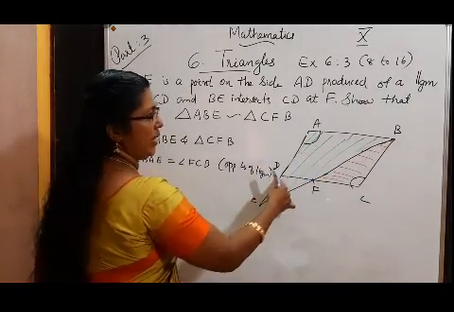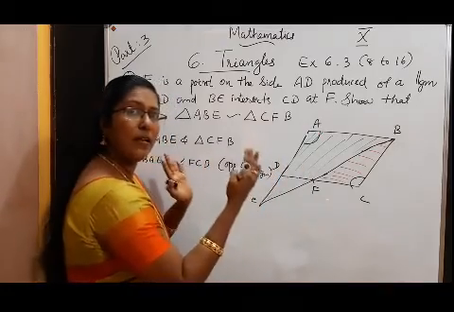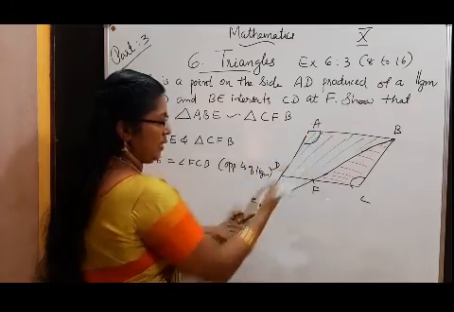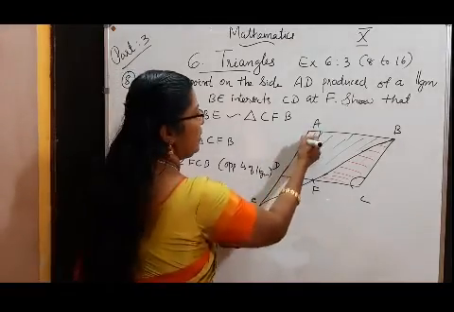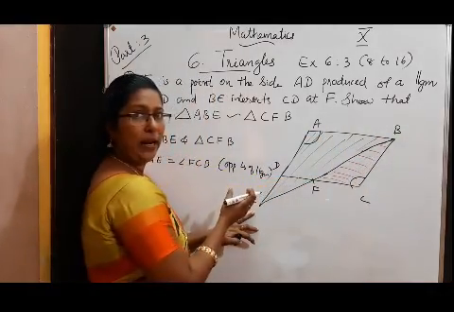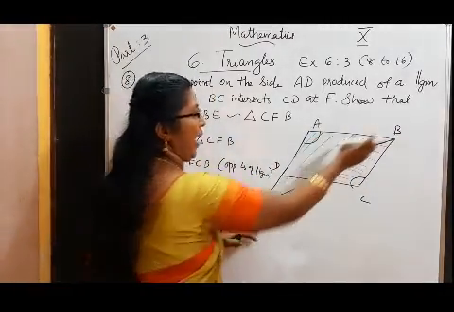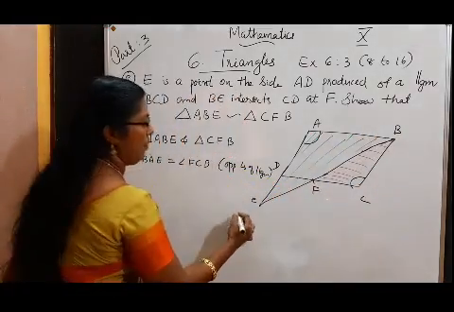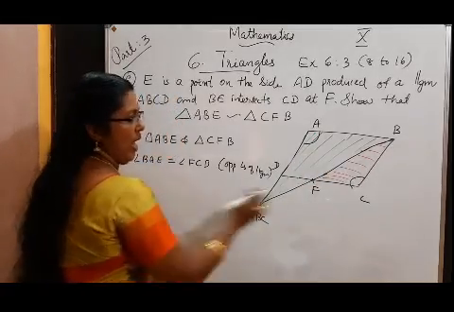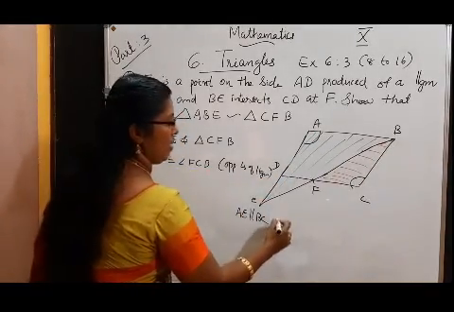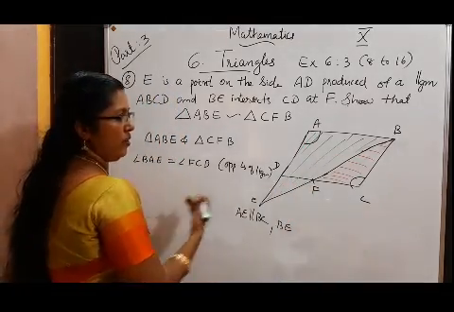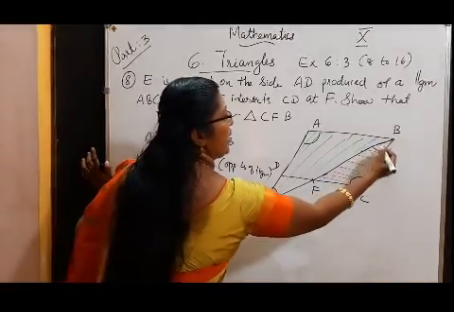Consider AD. In the parallelogram, opposite sides are parallel, and E lies on the same line, so AE and BC are parallel. With BE as a transversal intersecting these parallel lines, these are alternate interior angles.